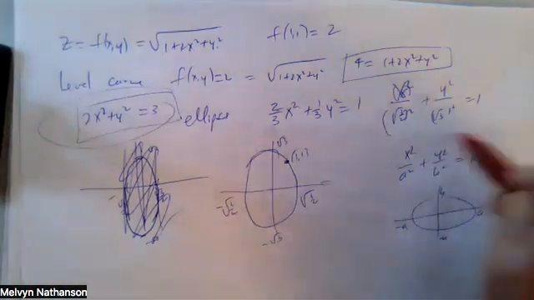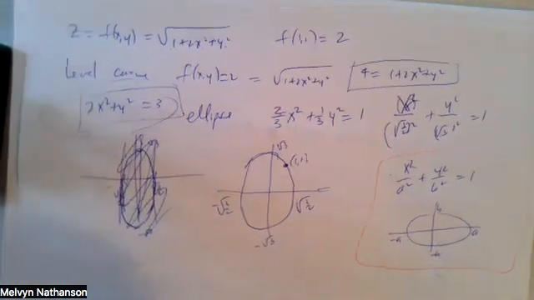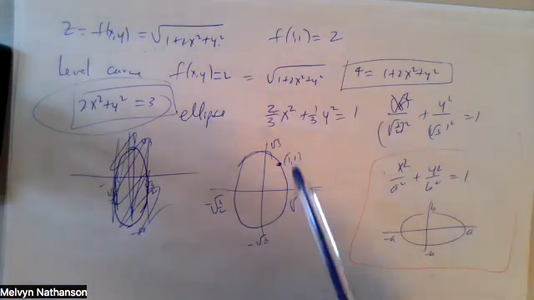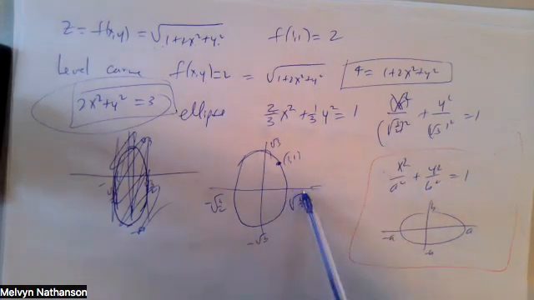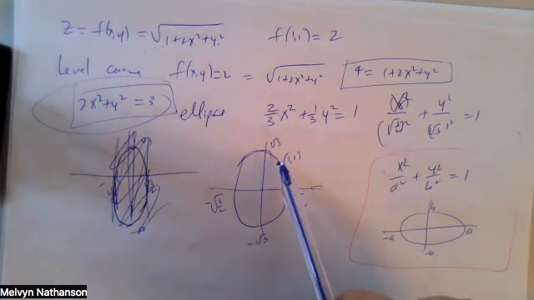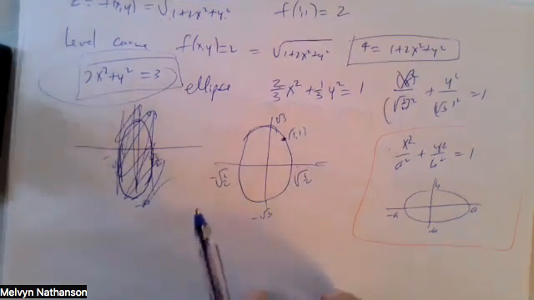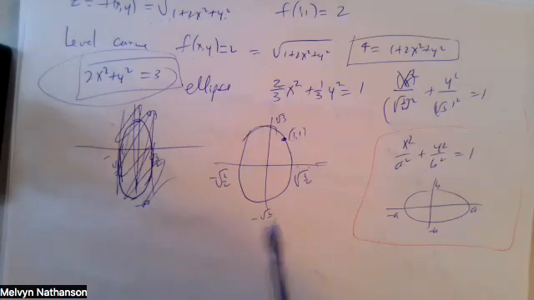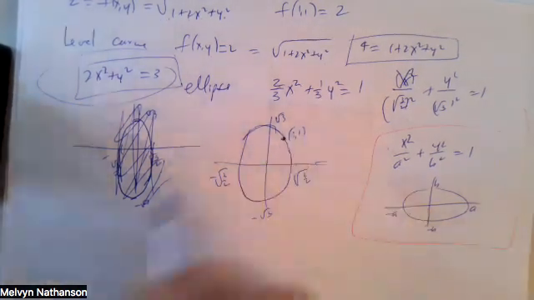So this is something you're supposed to have learned before vector calculus. And so this is the ellipse where a is root 3 over 2 and b is root 3, and the point 1, 1 lies on that ellipse. So that is the level curve for this function. What is the gradient of f at the point 1, 1?